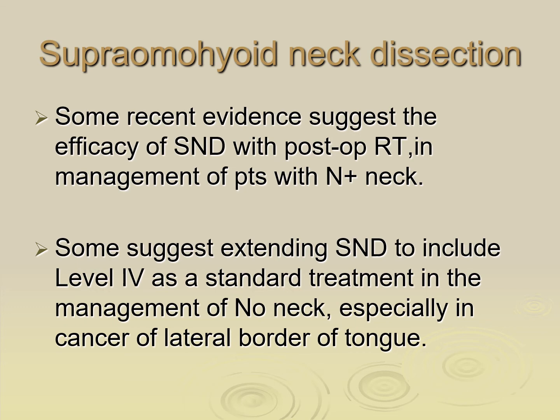That means if the nodes are positive, then definitely go for radiotherapy also as the best treatment. Some suggest the SND should include level 4, especially for cancer of the lateral border of the tongue. If the patient has a lateral border lesion, there is high suspicion that level 4 lymph nodes are also involved, so we remove level 4 also.